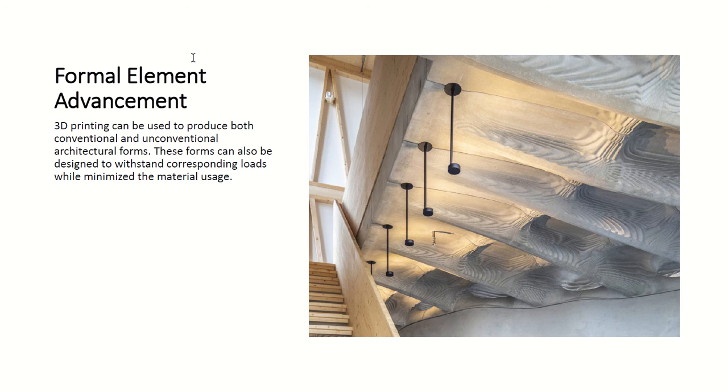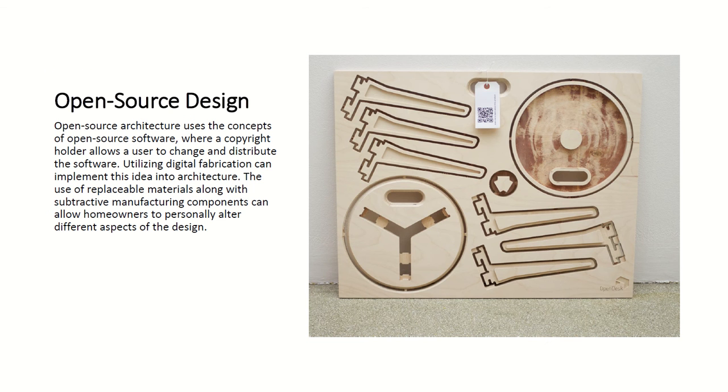So like this picture on the right, it is a traditional form, but brings in this more abstract approach, and that's all because of digital fabrication, and something that we aren't seeing until today.